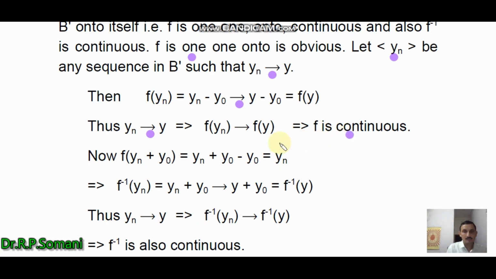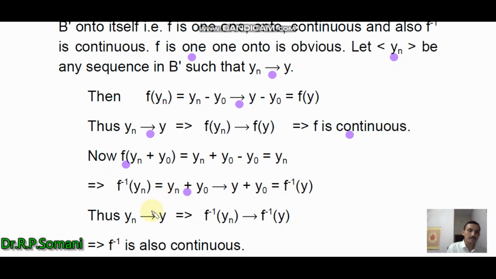For f inverse, we choose like this. Now f(y_n + y0) = y_n + y0 - y0 by the definition of f, and this is equal to y_n. Therefore f inverse of y_n = y_n + y0, which will tend to y + y0 as y_n tends to y, and this is equal to f inverse of y.